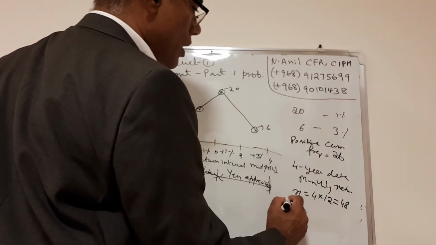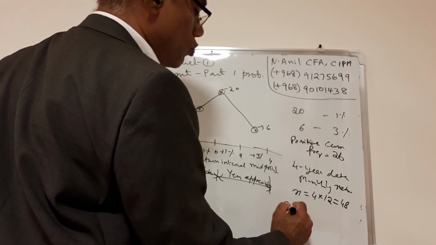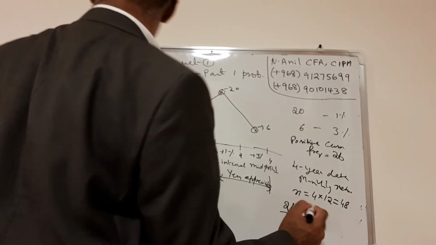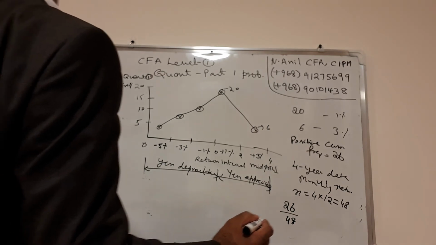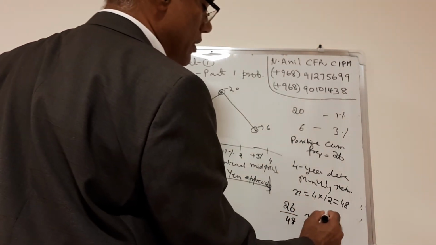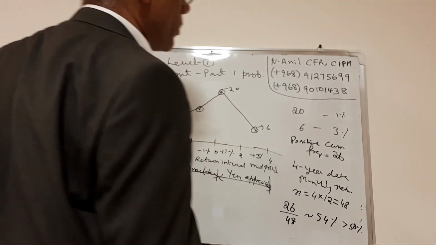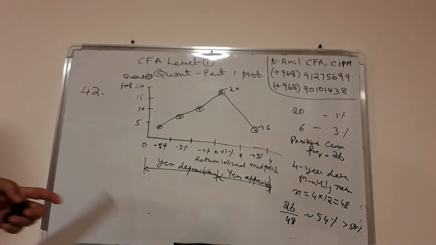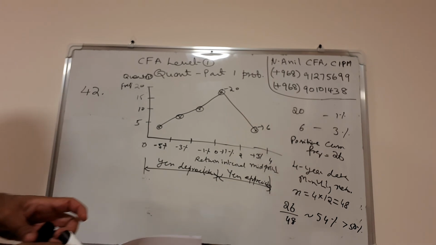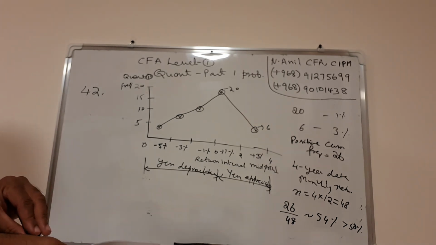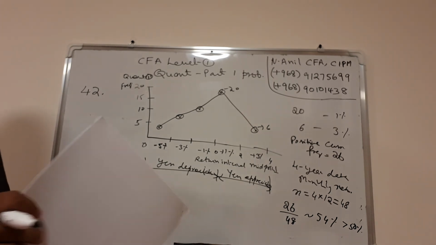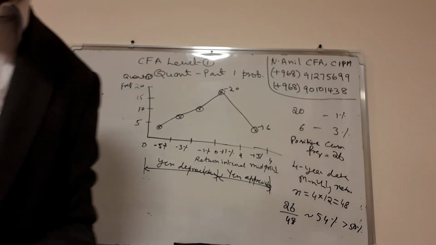The percentage is 26 by 48, which is close to 54%. So it occurred more than 50% of the time. The yen appreciated against the dollar more than 50% of the time during the past 4 years based on monthly data. That is how this is to be done. Okay, thank you.